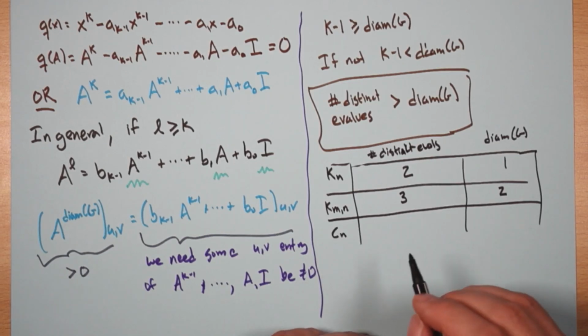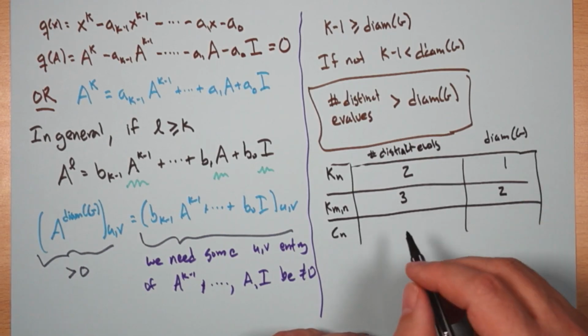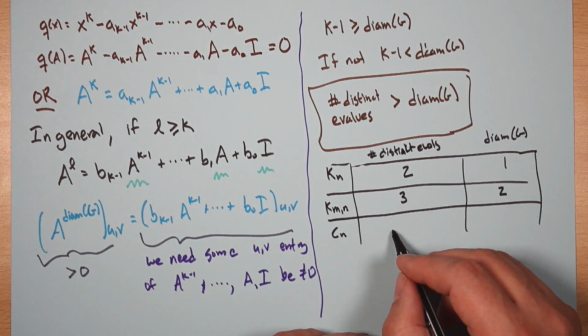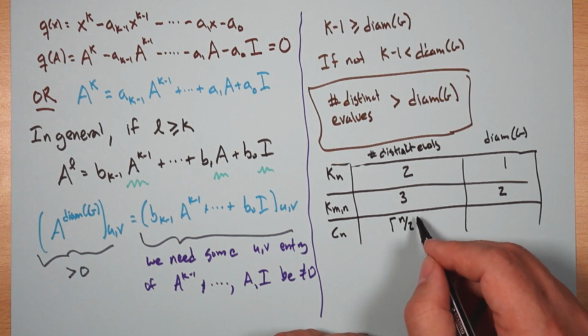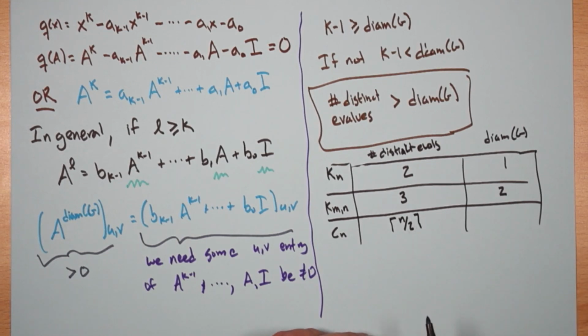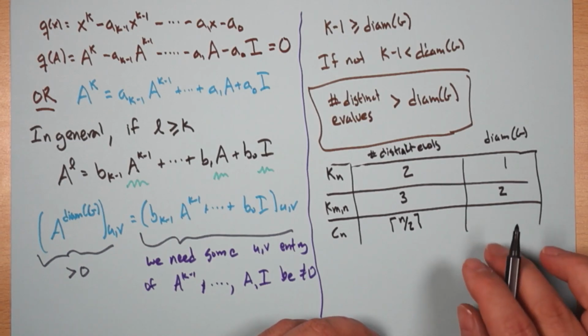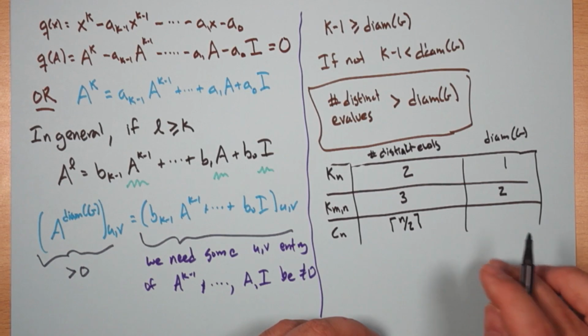How about a cycle? All right, well, this one you have to think a little bit about, but what you can show is that it's the ceiling of n over 2. All right, great. Well, how about the number of distinct eigenvalues?